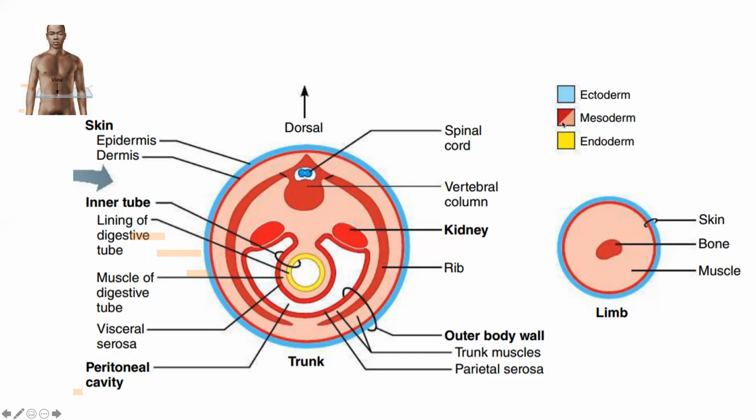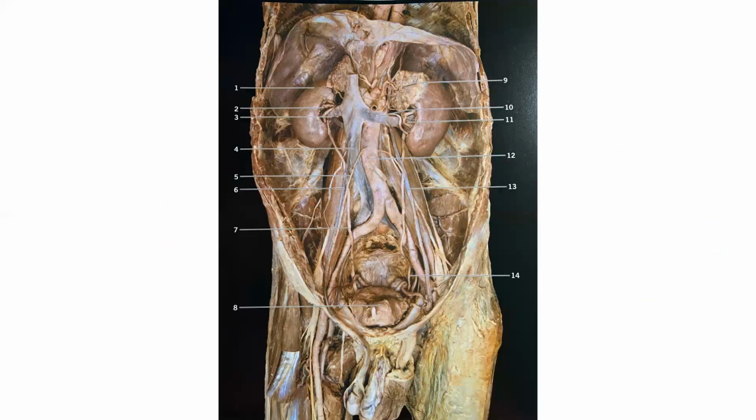It develops from the mesoderm, and it is behind the peritoneum. It is outside the peritoneal cavity, but still it is within the abdomen. Again, very similar to what we saw during our dissection.